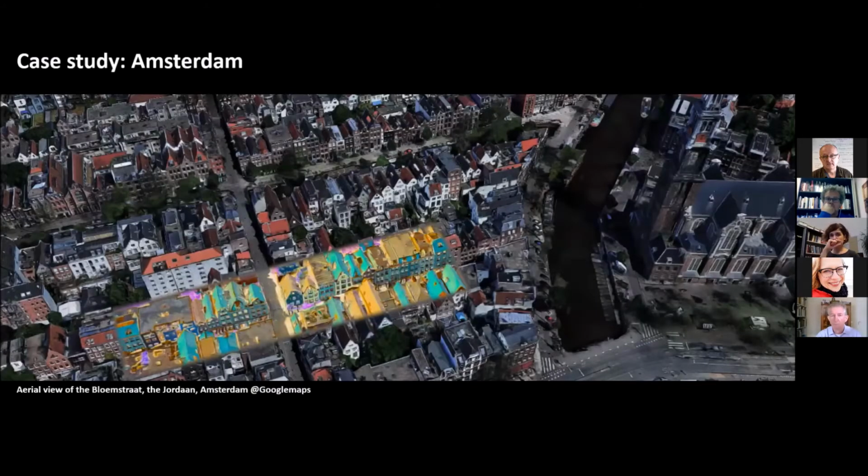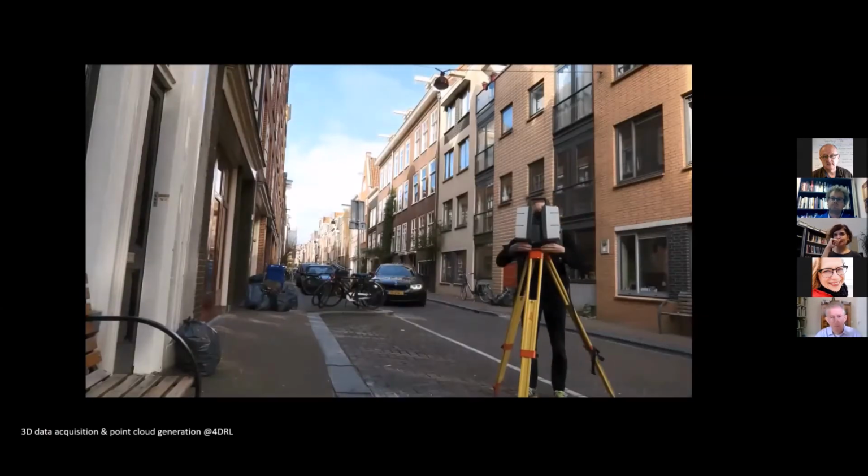Now I would like to continue with the Amsterdam case. The cityscape is the Bloemstraat in the Jordaan. It's a neighborhood that symbolized the modest living quarters for the social low and middle classes in the pre-modern times.